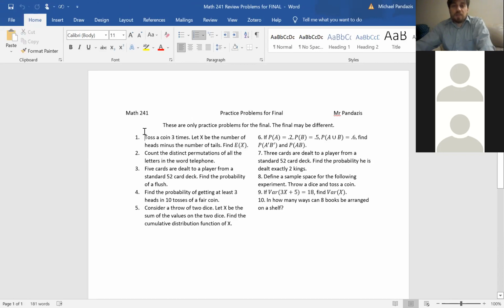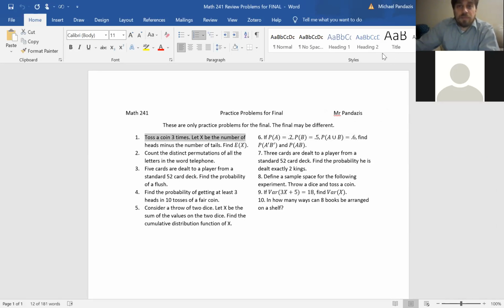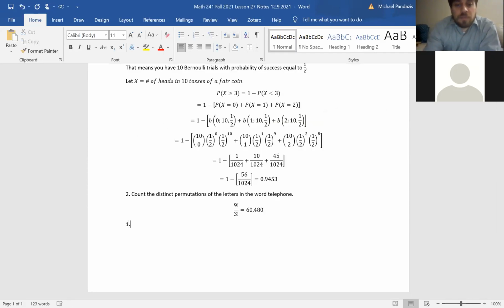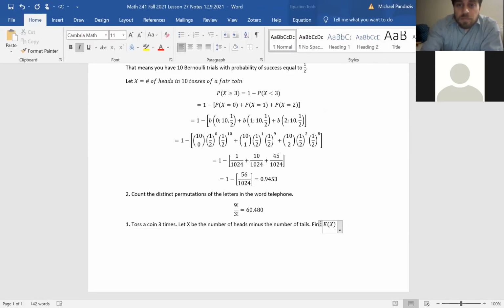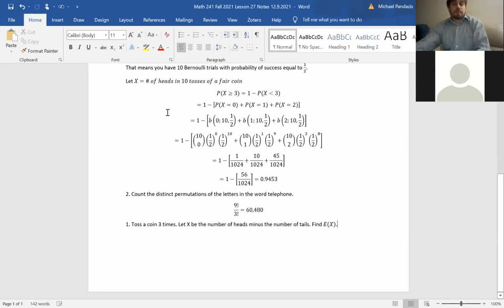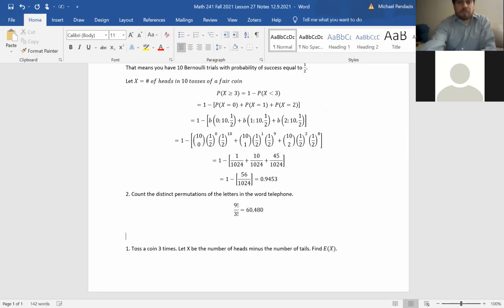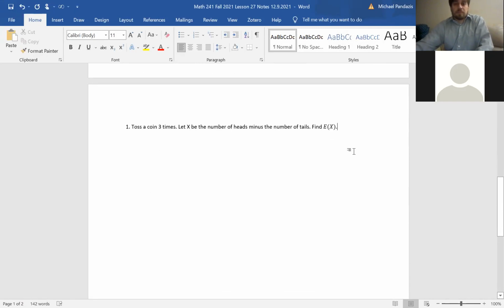Find E of X. Okay, so we want to find E of X. So when you toss a coin 3 times, let me go to the whiteboard for this.